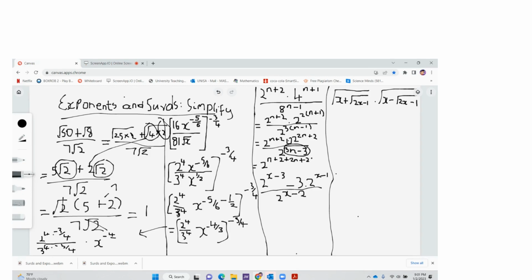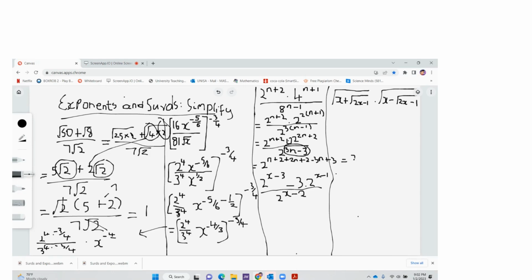Okay, so that means it's going to be minus 3n plus 3. So that means it's just a matter of changing the signs of what's in the denominator because we subtracted it. Okay, so remember, when you subtract something, it changes its sign.